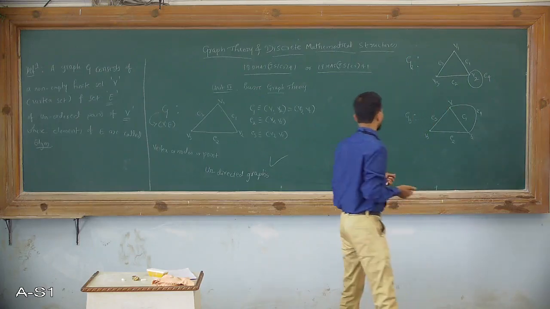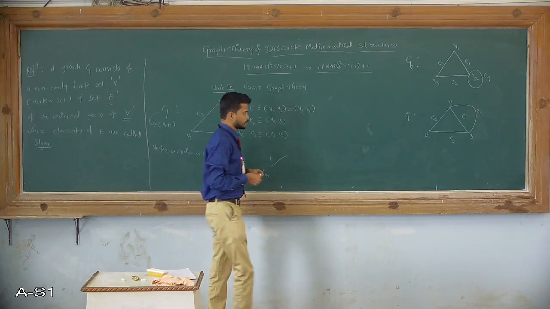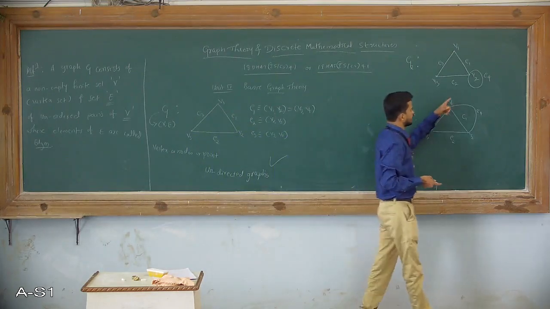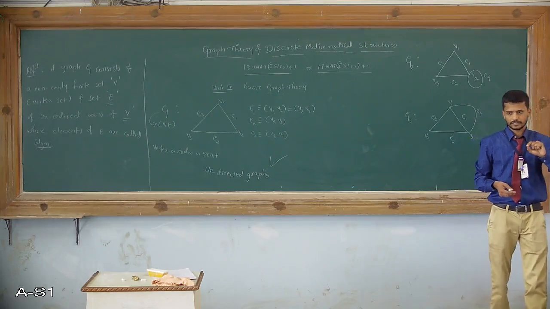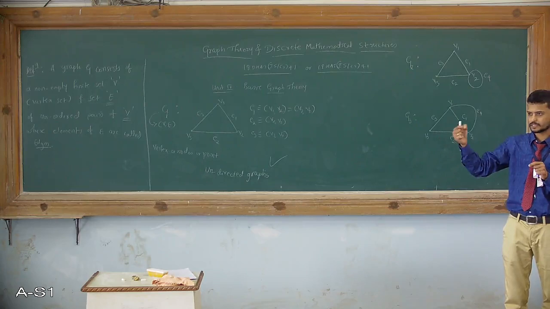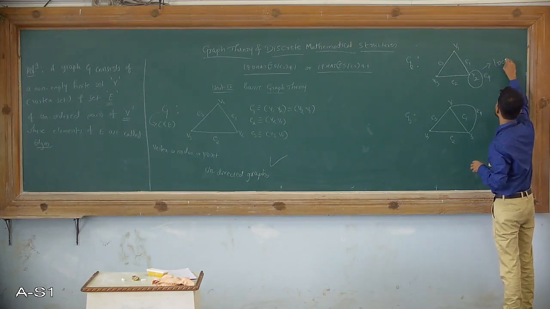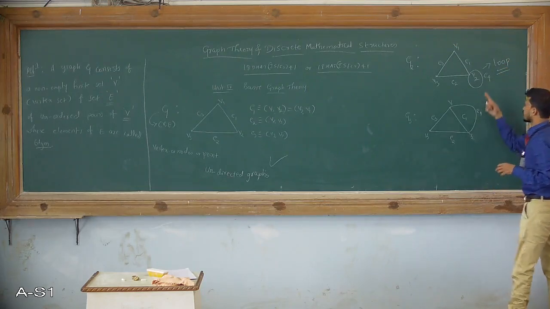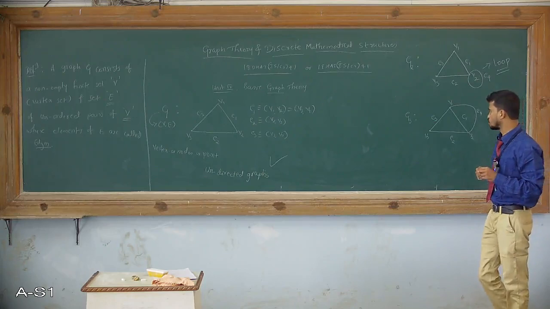Then what is the major difference between these three graphs? Here, an edge E that has its starting point and end point at the same vertex is called a loop. Since the end points are the same, it is called a loop.